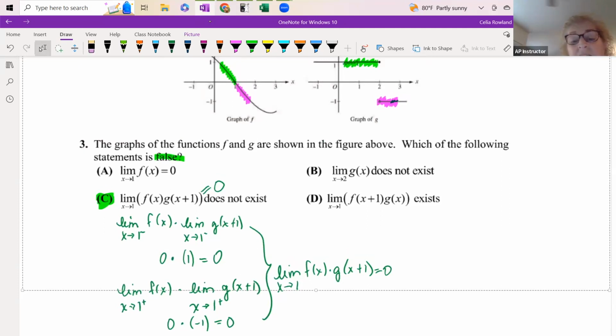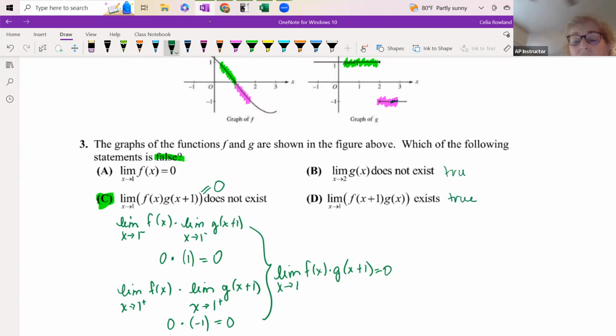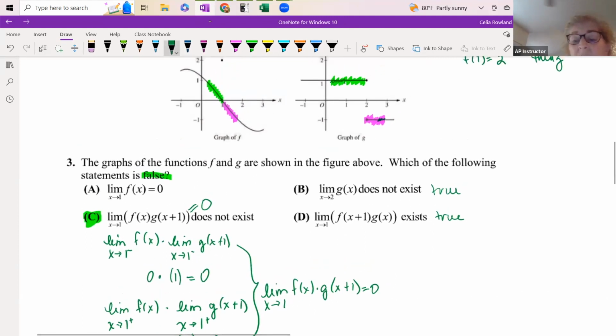So the same thing with D, that the limit does not exist, okay? So this, yeah, that's true. It does exist because we wanted the statement that was false. So this happens to be true, because if I take the limit from the left, as x goes to 2 from the left of g of x, this is 1.